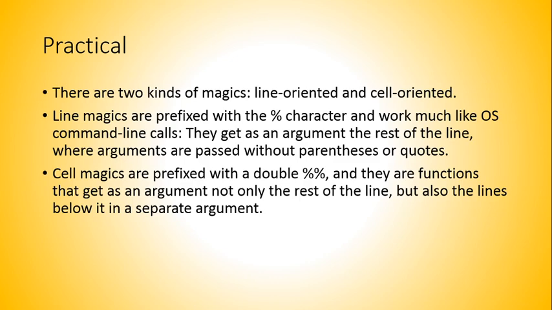They get an argument, the rest of the line, and it will show you the output. Cell magics are prefixed with a double percentage sign, and they are functions that get an argument not only for the rest of the line but also for the lines below it as a separate argument.